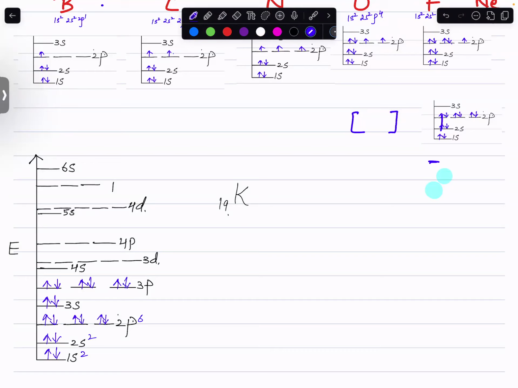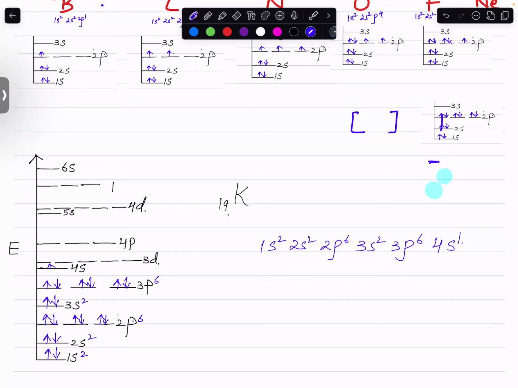Look, 1s2, 2s2, 2p6, 3s2, 3p6. It is 18 electrons. So the 19th electron will go to what? 4s1.